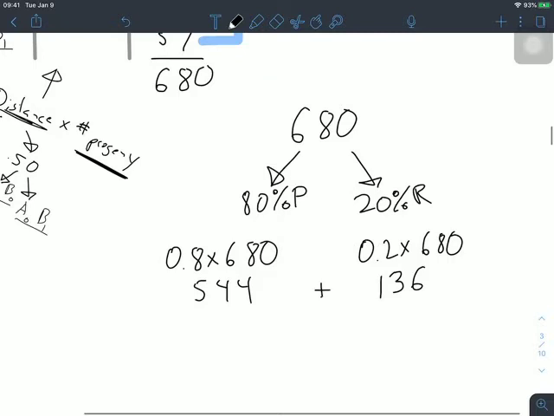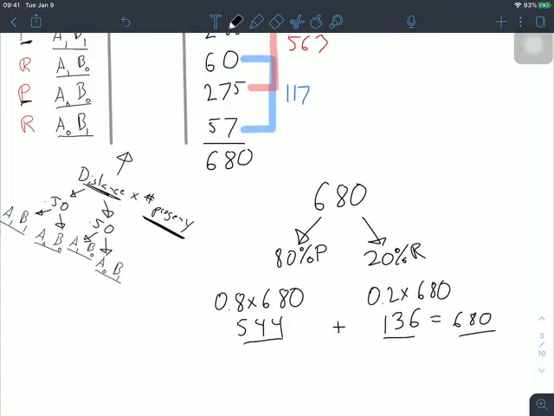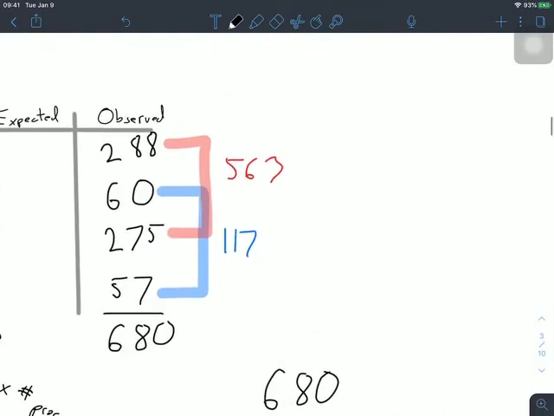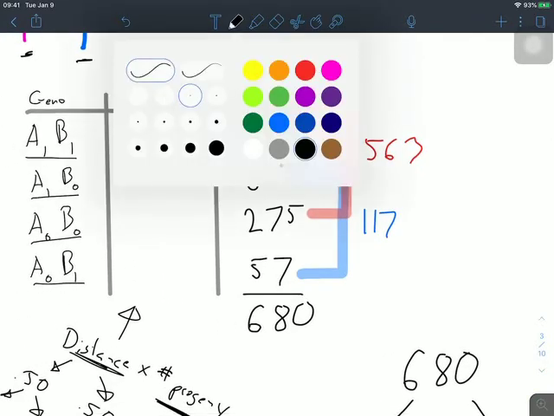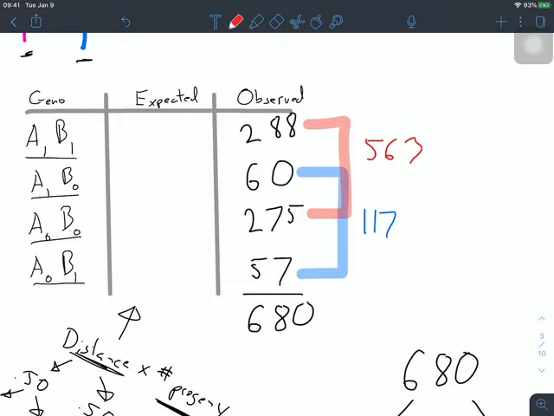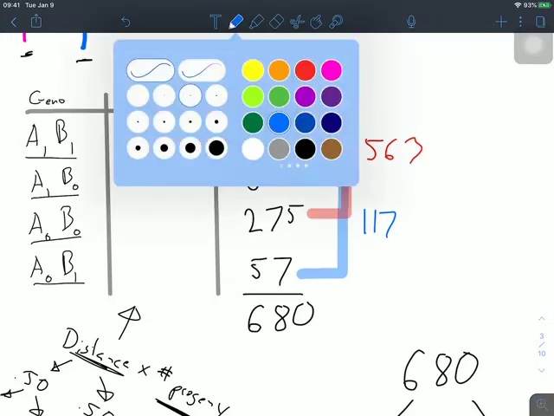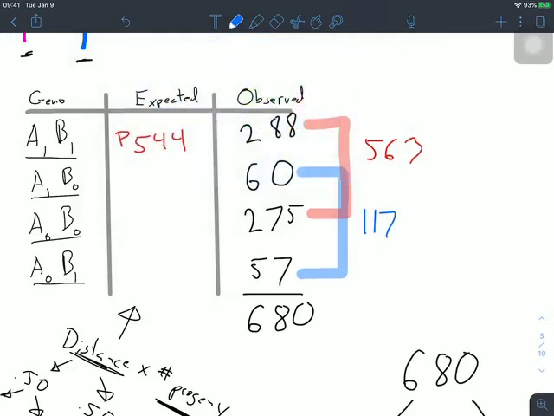You can always double check your work by making sure that 544 plus 136 adds back up to 680. So now we have all of our values: an expected amount of parental types of 544 altogether, and an expected amount of recombinant types of 136.